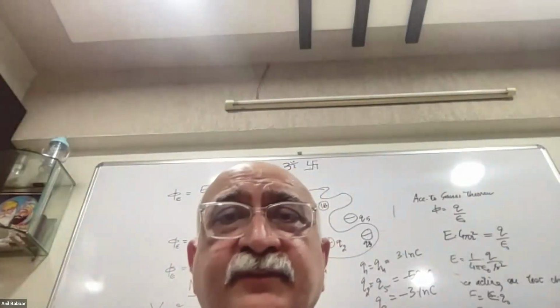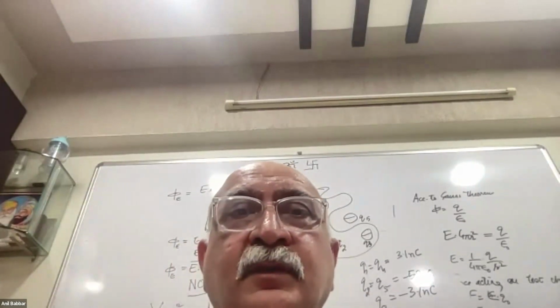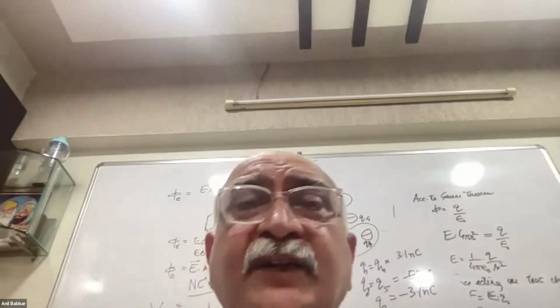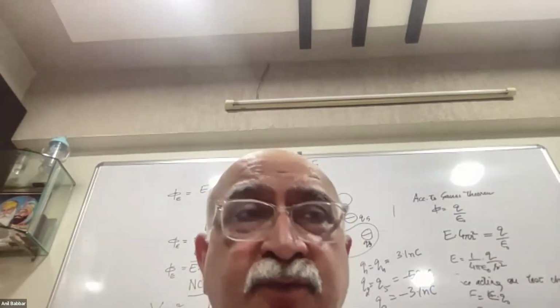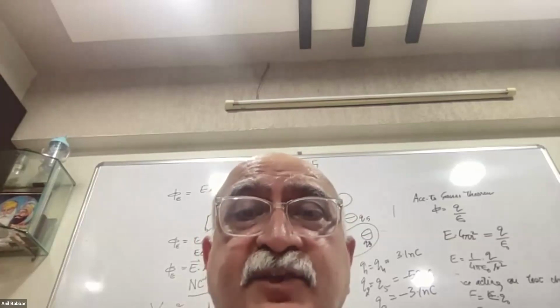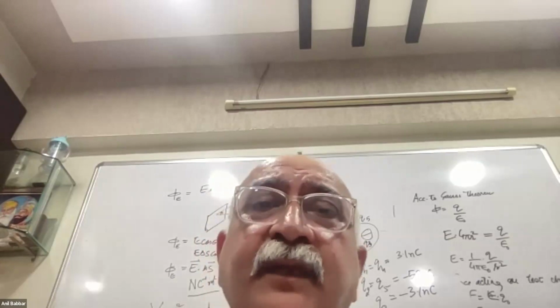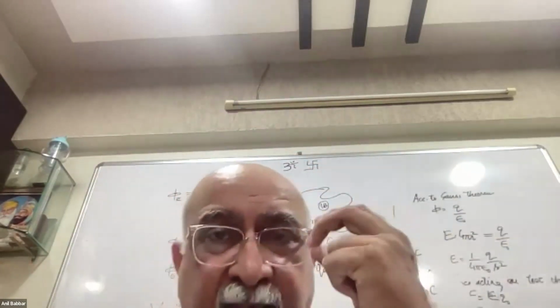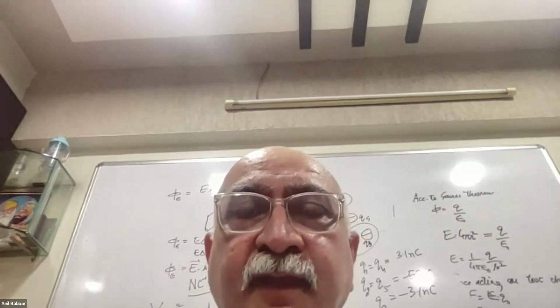Now, there's one more. If we are asked to find the electric field due to an infinitely long straight charged wire, what is to be done? Simple. We'll consider a linear charge.